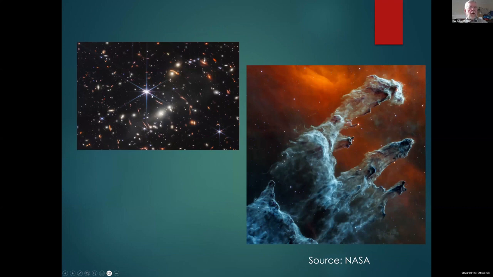And the one on the left is always good because apart from the ones with the diffraction spikes, which are basically close by stars, just about everything in that photograph is a galaxy. It gives teachers and students an idea of just what we're dealing with in space.